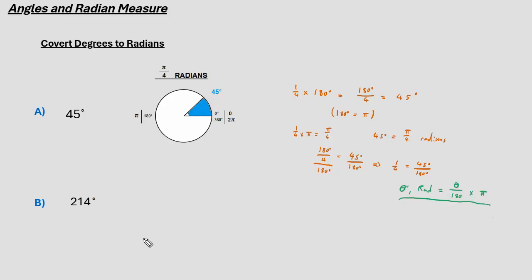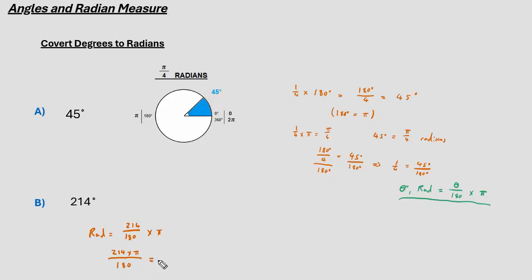So, for example B, 214 degrees, we have 214 over 180 multiplied by pi. So 214 multiplied by pi, other way of writing it, over 180.